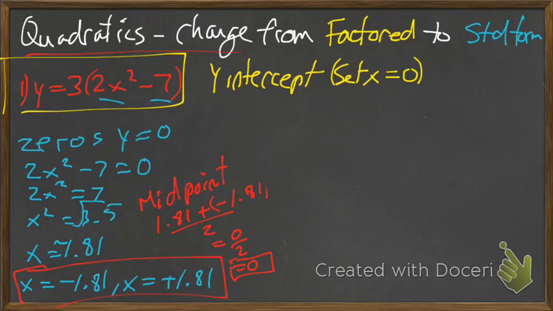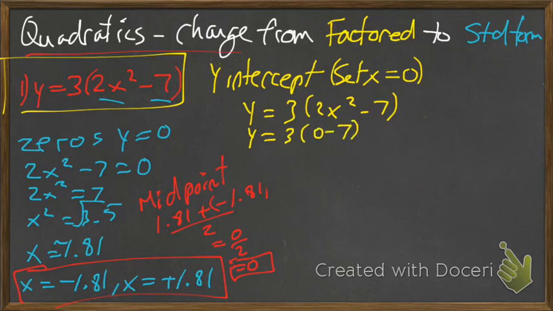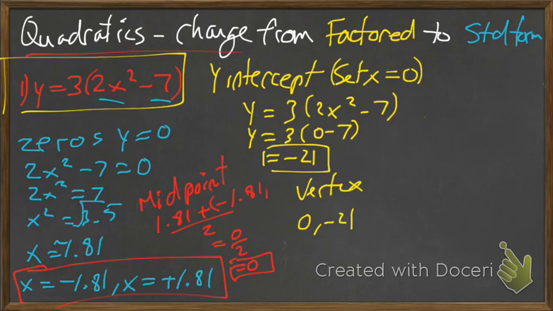We know our equation, excuse me, y is equal to 3 bracket 2x squared minus 7. So if we sub in 0, we get 3 multiplied by 0 subtract 7, and that's going to give us negative 21. I'll draw that out again. So we know our vertex is at 0 and negative 21.